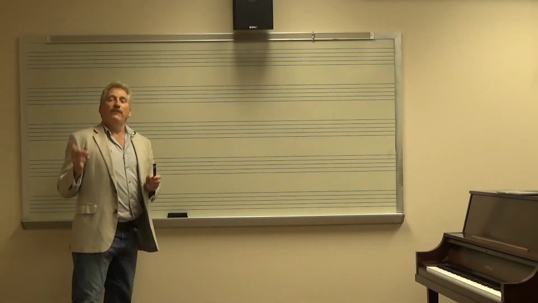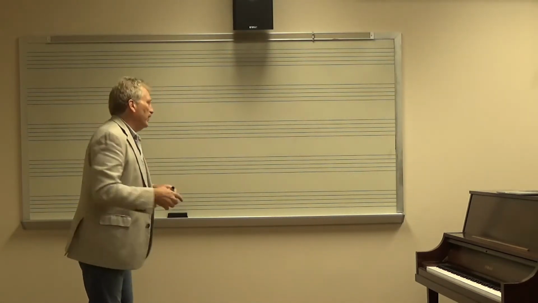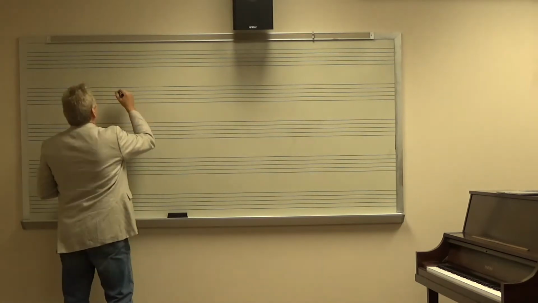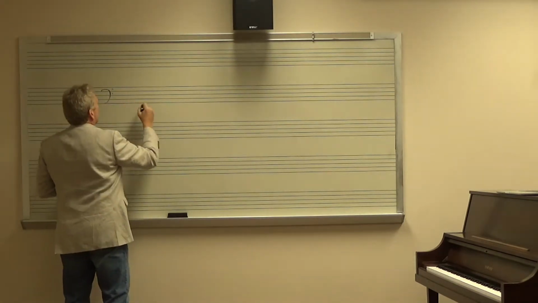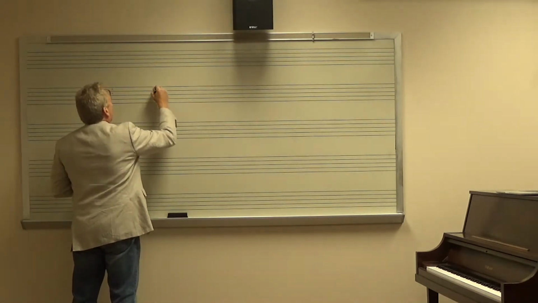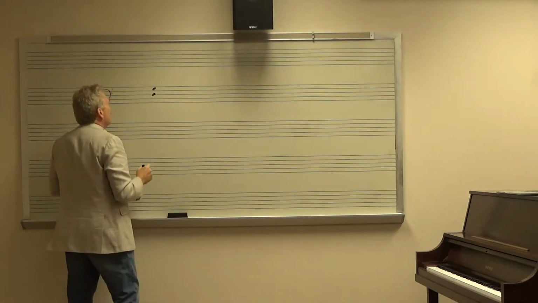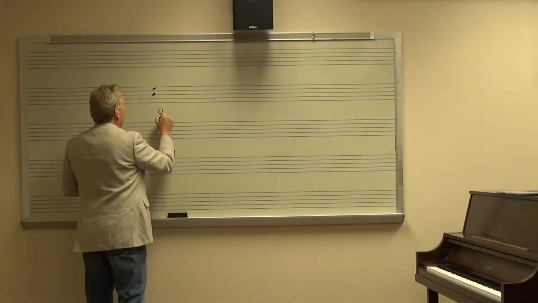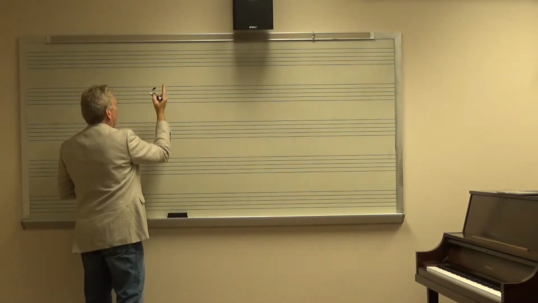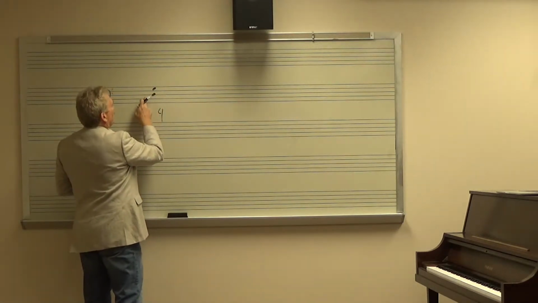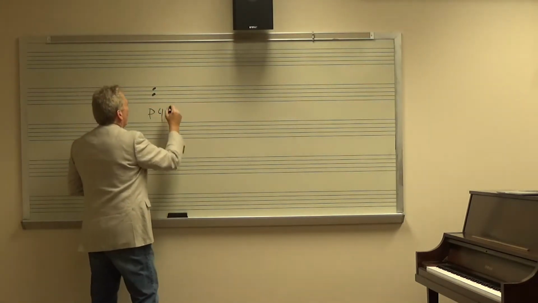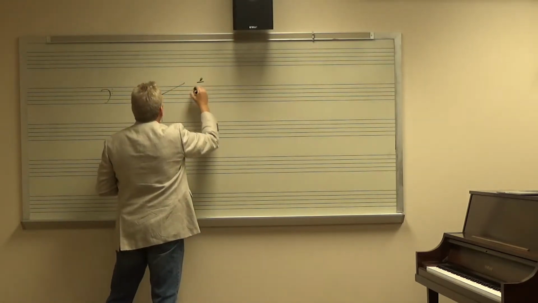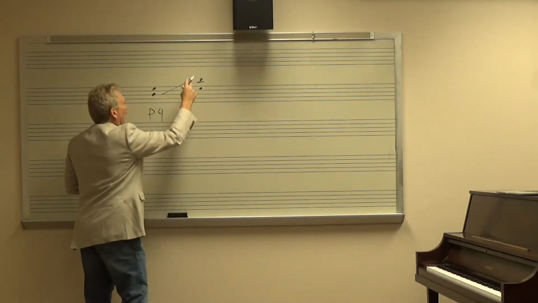Now there is a difficult and an easy way to do this. The difficult way to memorize or know your inversions is to stare at the poor thing and say, okay, let's see, that's a fourth, D, E, F, G, 4, and it's diatonic in both D major and D minor, so that's a perfect fourth. Okay, now I'm going to invert that by putting the lower pitch an octave up.